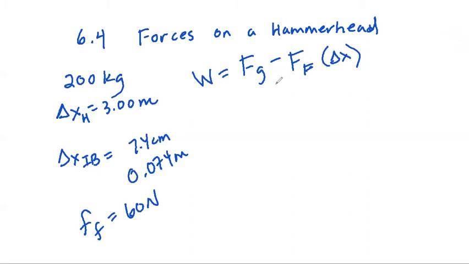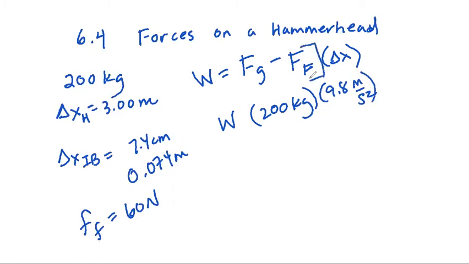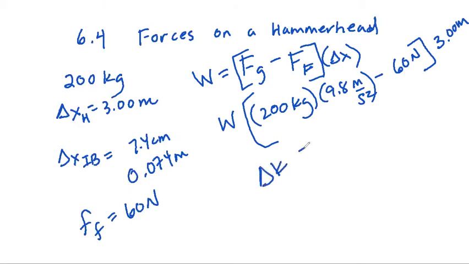So I don't know what this thing weighs, but it has a mass of 200 kilograms. So my work is going to be 200 kg times 9.8 meters per second squared, minus friction, 60 newtons, times 3 meters. That equals my change in kinetic energy. It equals work.